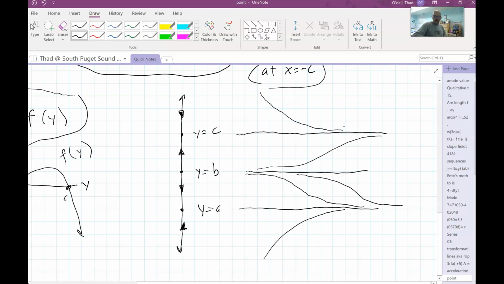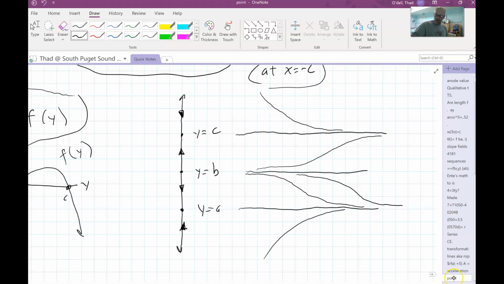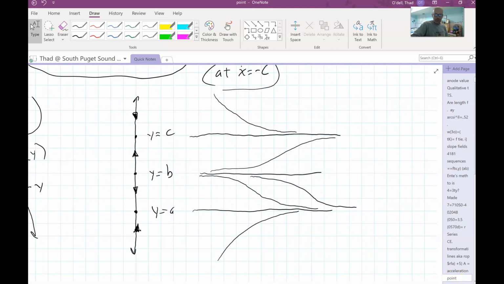Now remember, what I mean by below C or above C or between A and B, we're talking about where the initial condition is. So if they say, for example, that the initial condition is y of 0 is equal to, I don't know, D, and D happens to be right here, that means I would be starting right there.